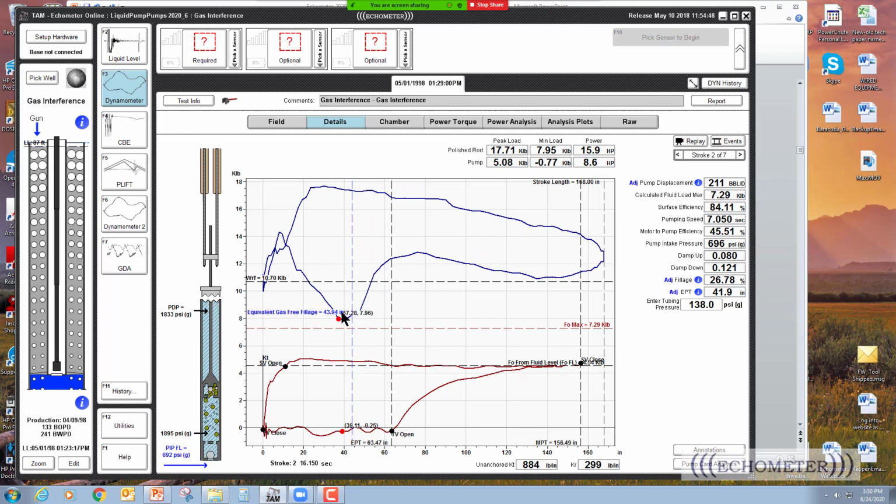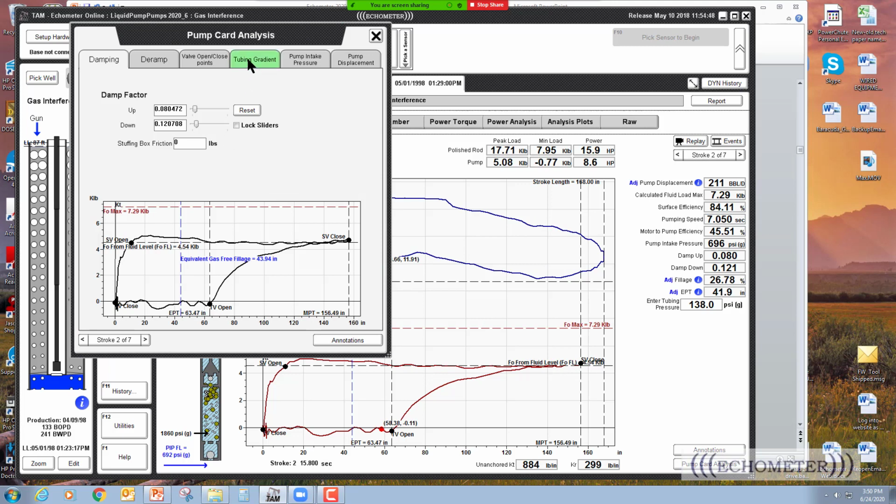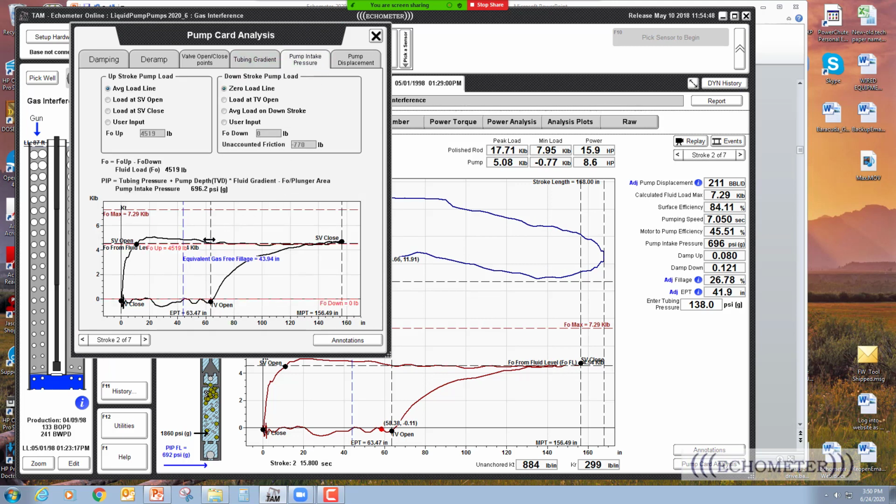So this equivalent gas rate pump fillage line moves on every stroke based on where this point is, that point is, and the average of the loads, unless you go into pump card analysis and look at the pump intake pressure and see how this line will change.